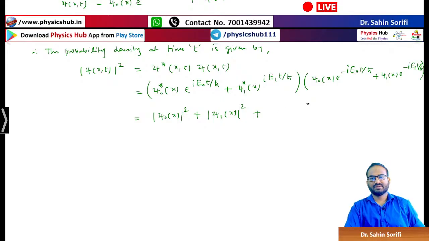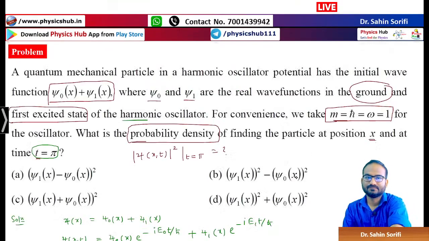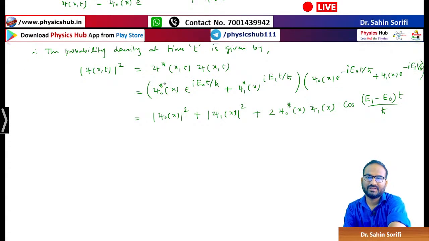So this can be written as 2 times psi 0 star x psi 1 x cos (E1 minus E0) t by h cut. And psi 0, psi 1 are given as real wave functions, so even if you do not write the star, because they are real, you can remove it.